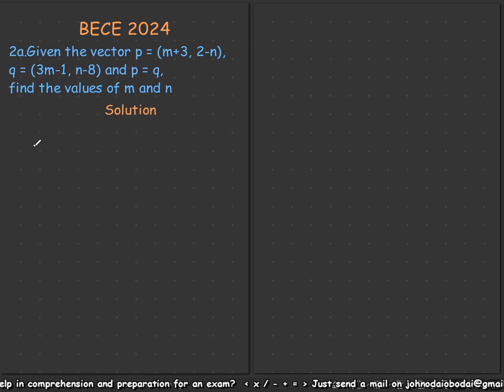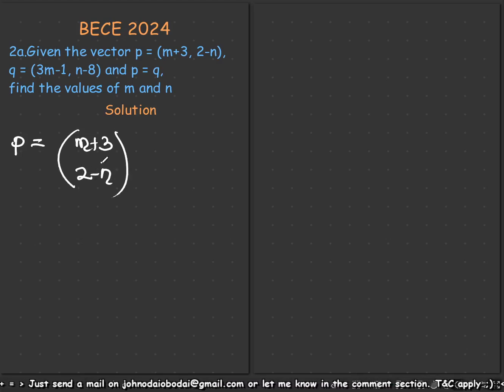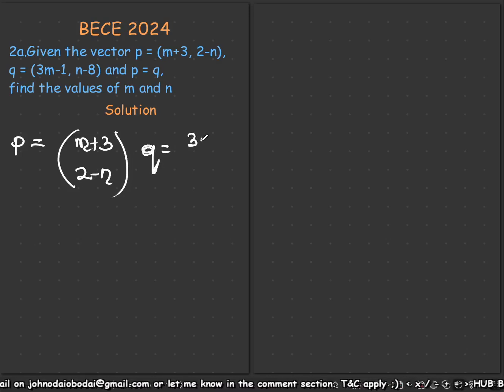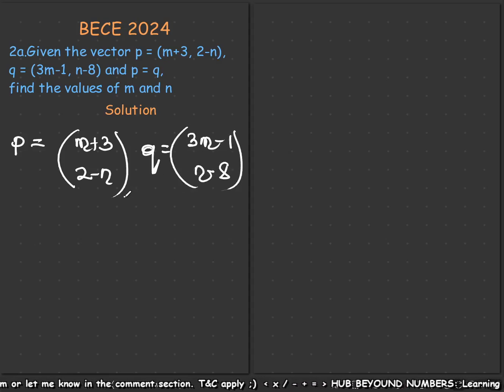Now, let's write out what we've been given in the question. So we know vector p is (m + 3, 2 - n), and then q is also (3m - 1, n - 8). This is what we have.